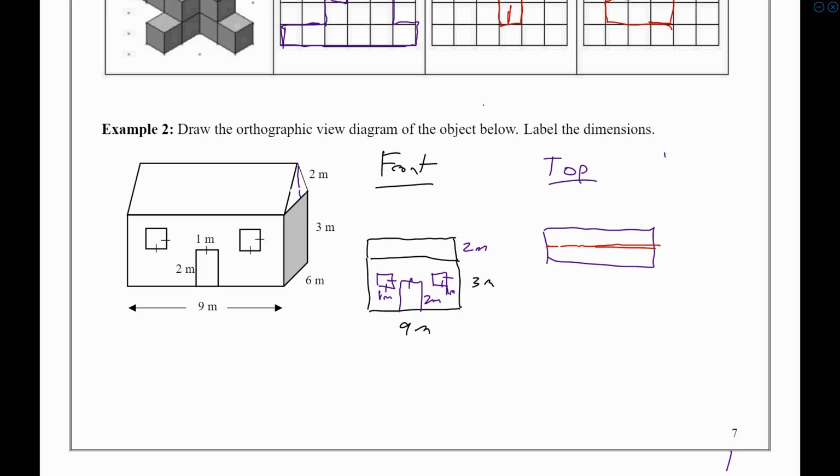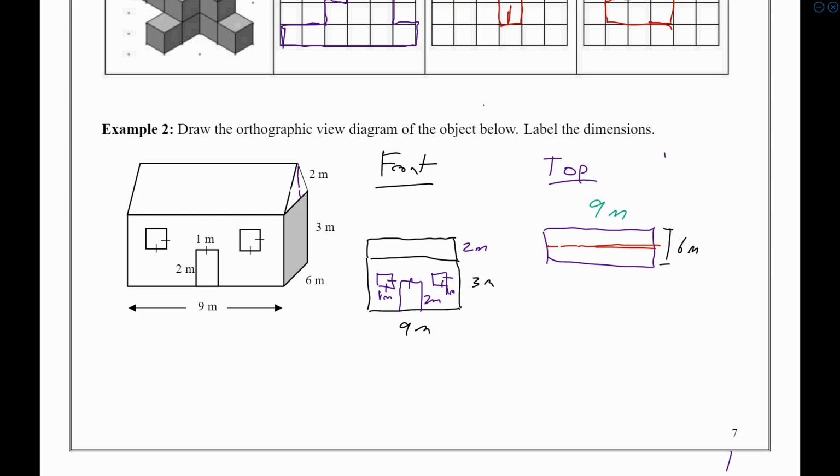The roof is split into part going this way, part going this way, sloping down. And I know that in total, the width of the roof is 6 meters. And I also know that this is 9 meters, which probably tells us that to scale, my drawing should have been quite a bit fatter. 9 meters, 6 meters. That's all I know.